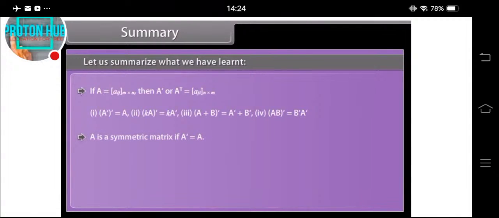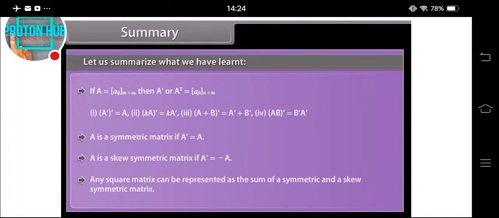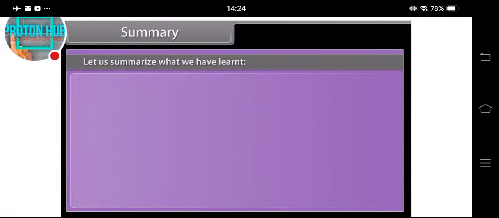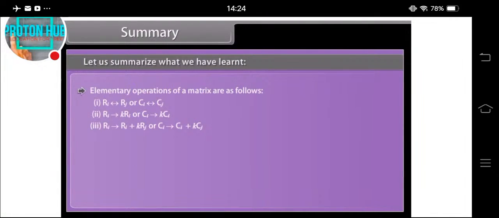A is a symmetric matrix if A dash is equal to A. A is a skew-symmetric matrix if A dash is equal to minus A. Any square matrix can be represented as the sum of a symmetric and a skew-symmetric matrix. Elementary operations of a matrix are as follows.